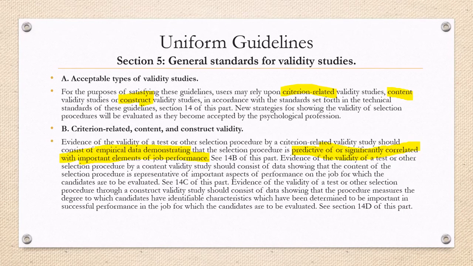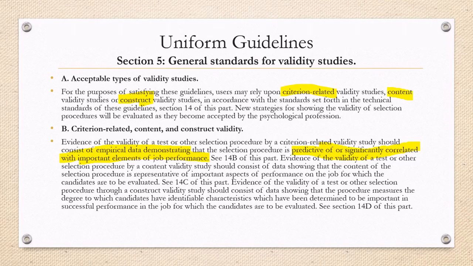So the Uniform Guidelines, as you remember, is a document written by the EEOC for employers to have information on what is acceptable and not in terms of their selection procedures.